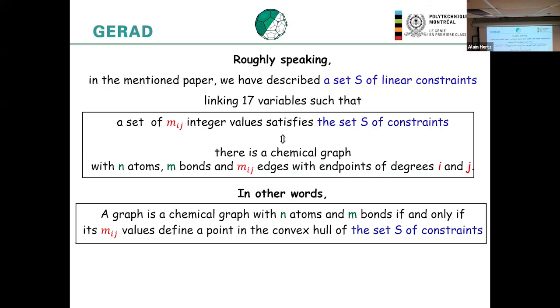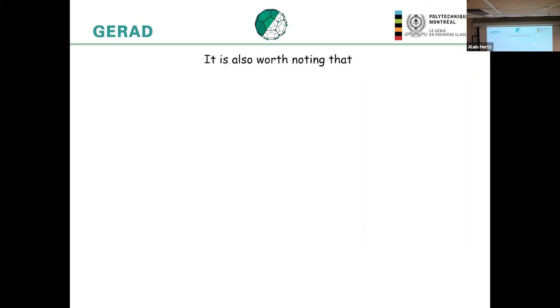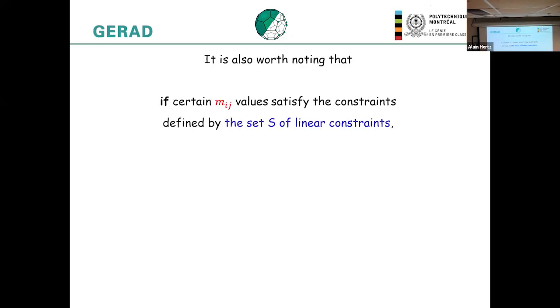But what is also important in the paper is, if you have found some Mij values, you say yes, they satisfy a set of constraints, so there is a chemical graph with these Mij values. There is a procedure in this 2017 paper that shows you how to build a graph.